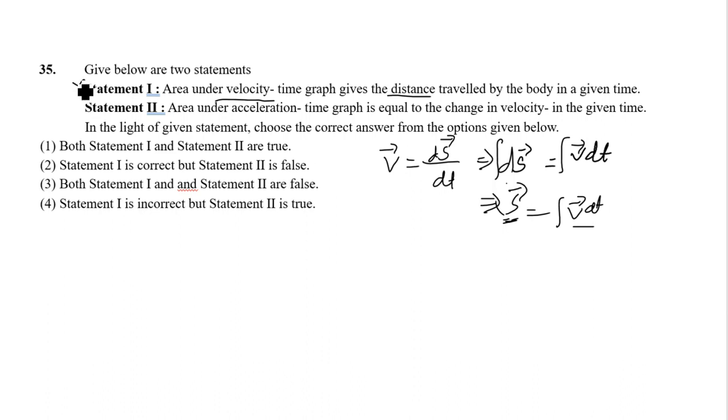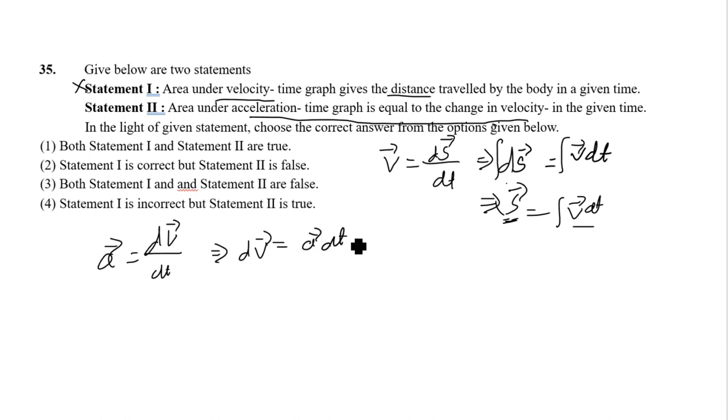Now the second statement is: area under the acceleration time graph gives us change in velocity. This one is right. How? The similar process. The acceleration formula is a is del V by del T. If I write del V, I can write it as a into dt.